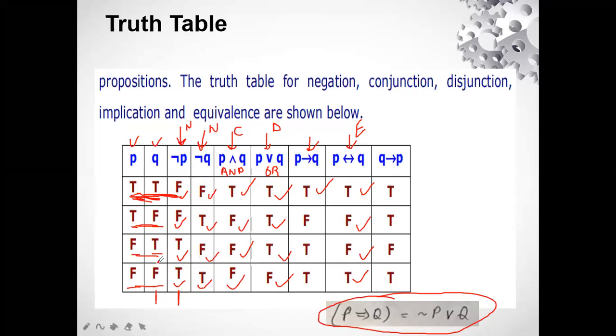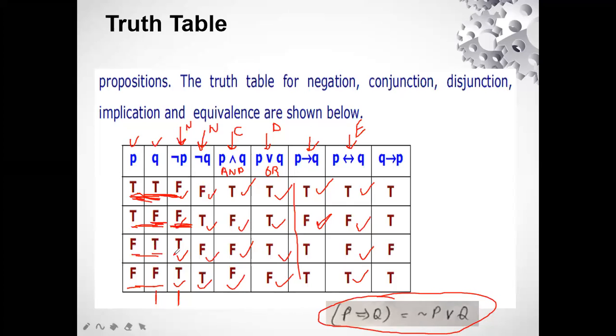Next, negation P is false and Q is false, both are false, so it is false.